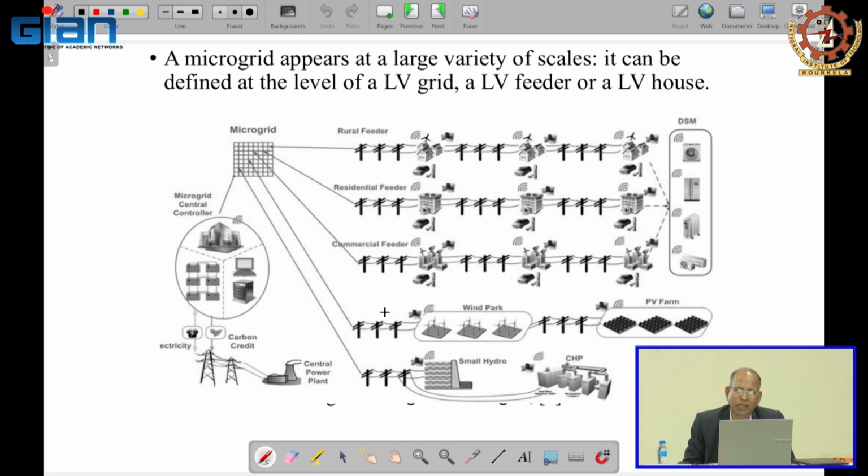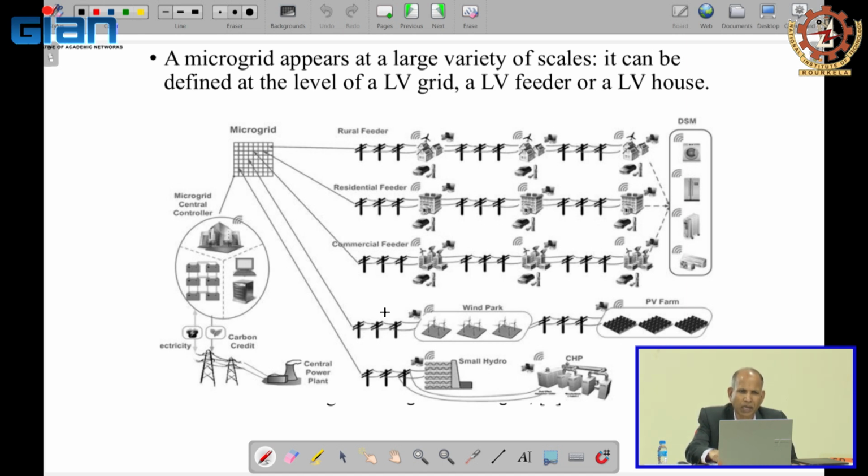This microgrid generally will be connected at the low voltage level. So based on that, it can be classified as a low voltage grid, or it can be connected on the low voltage feeder, or even at a house level.